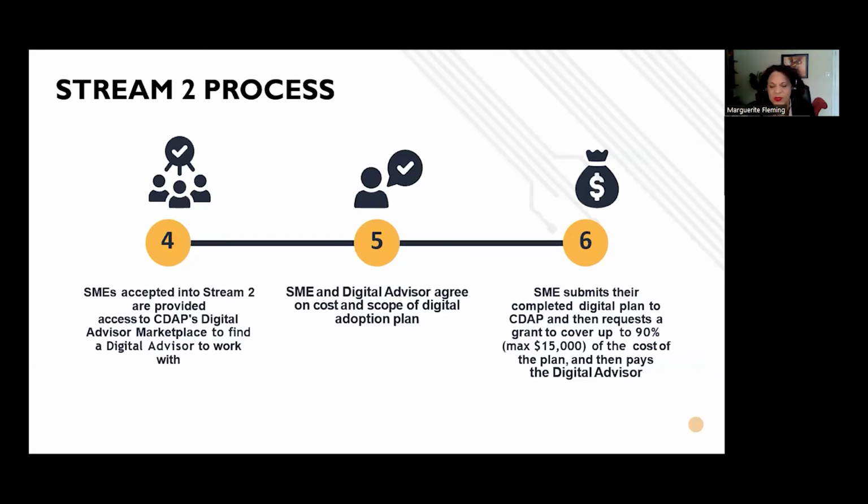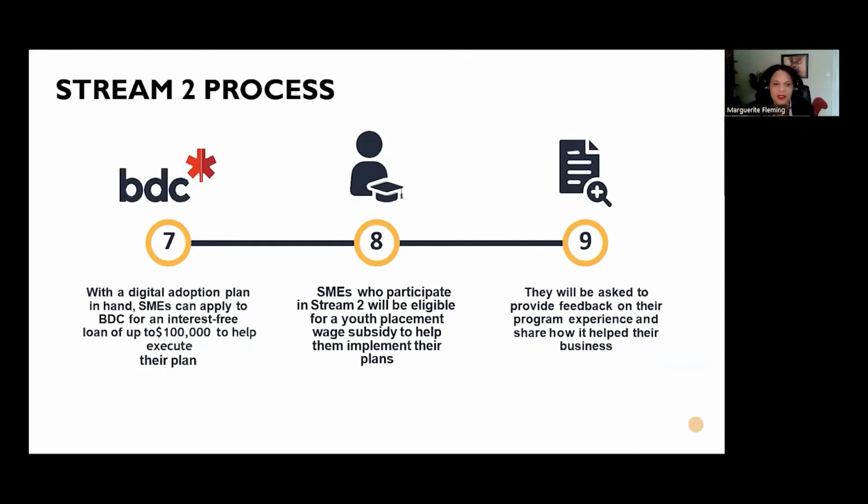So you make an arrangement with the digital advisor. Once the plan is submitted to CDAP, you'll get the grant money to cover the work that's being done. And as soon as that CDAP plan is submitted, a portal opens up where you can apply for the loan. So it's quite nice. It's very streamlined.